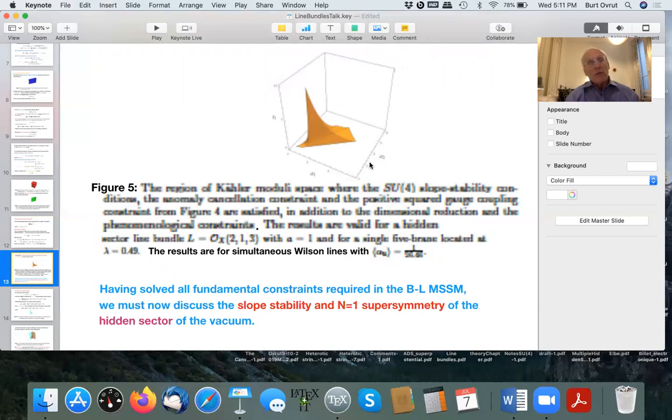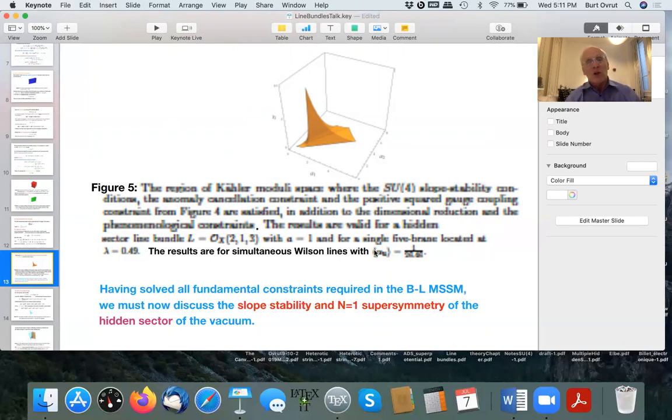So if we put all that together, when the SU(4) is slope stable, when the anomaly condition holds, when we have positive g1 squareds, and when the fifth dimension is bigger than the fourth dimension, then for this given bundle L with entries 2, 1, and 3, and for the five-brane located at 0.49, we find that we get the correct value of alpha_u at 1 over 26 point whatever it is.